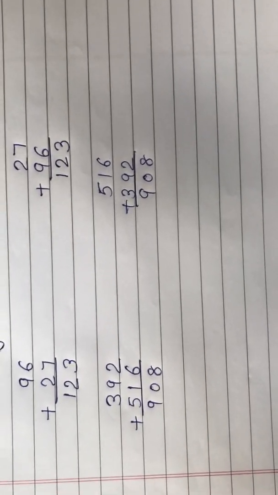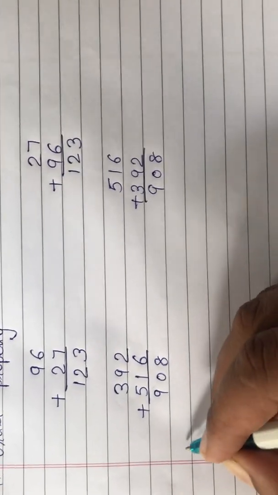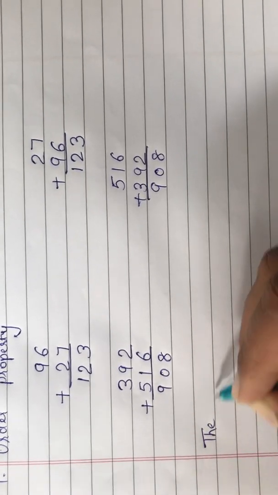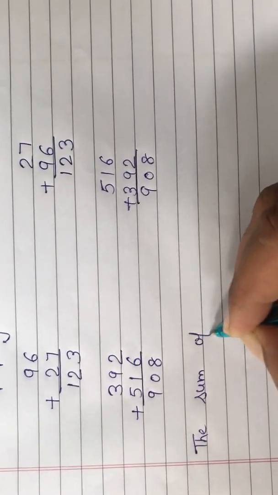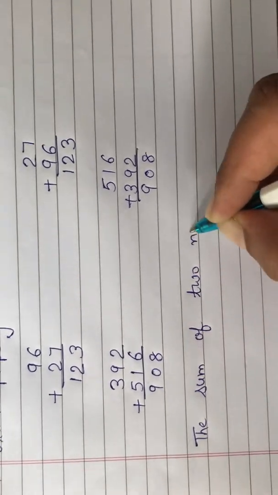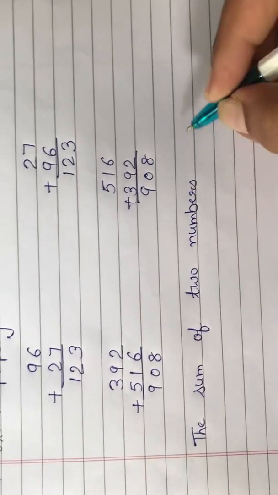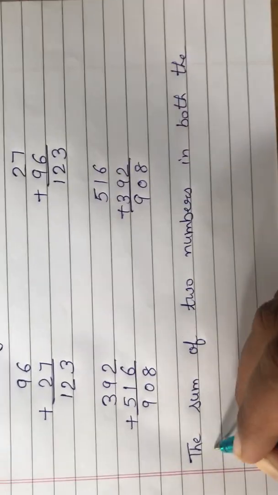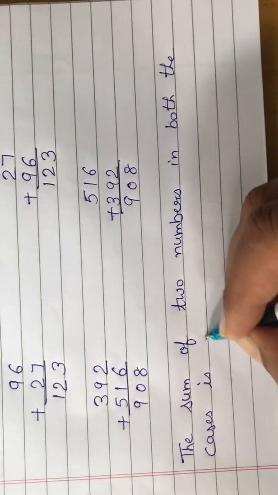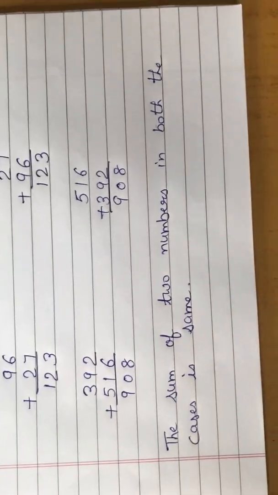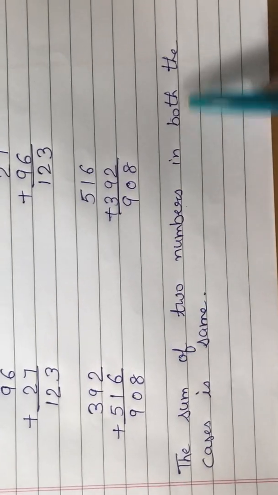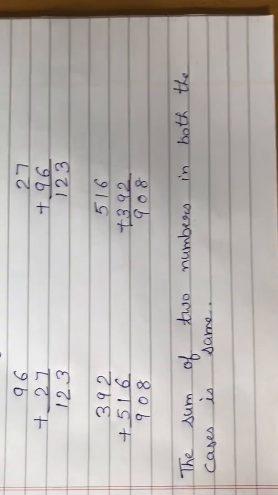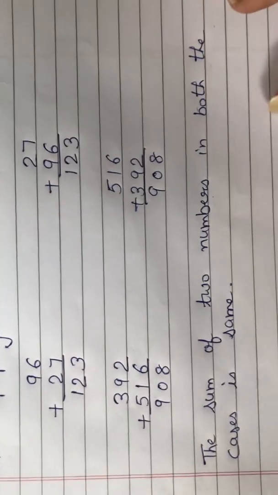The answer is same. So we conclude that the sum of two numbers in both the cases is same. दोनों numbers में जो sum है वो same रहता है. दोनों cases में sum same रहता है.